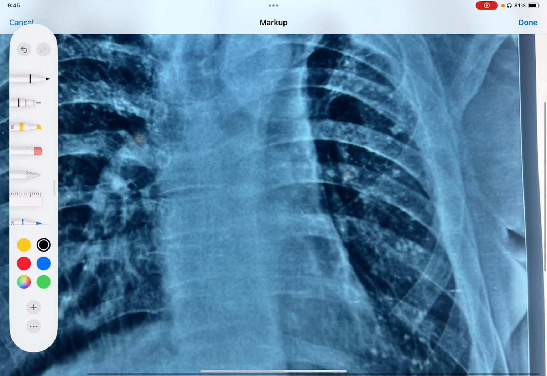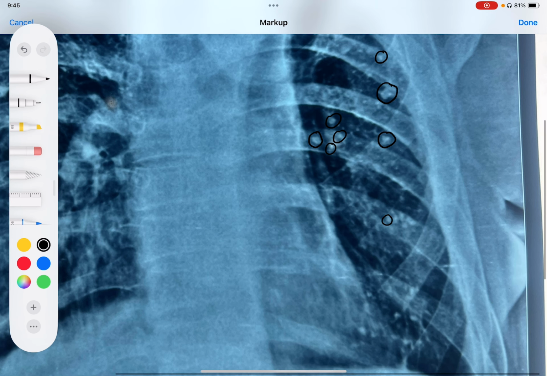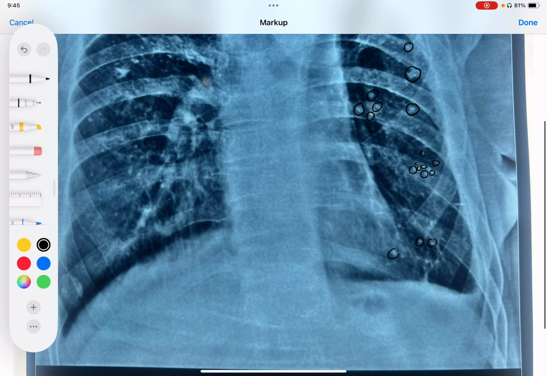As we can see when we zoom in, we can see very discrete, multiple, hyperdense or radio-opaque nodular patches or nodular lesions in bilateral lung fields, not only unilateral.